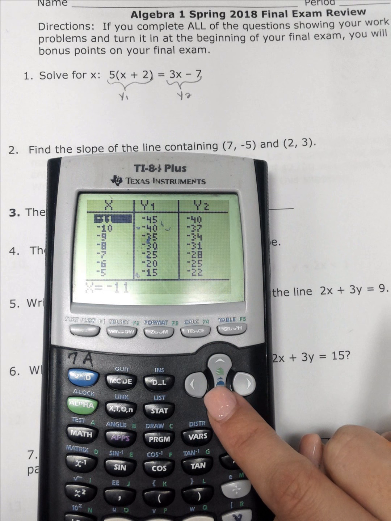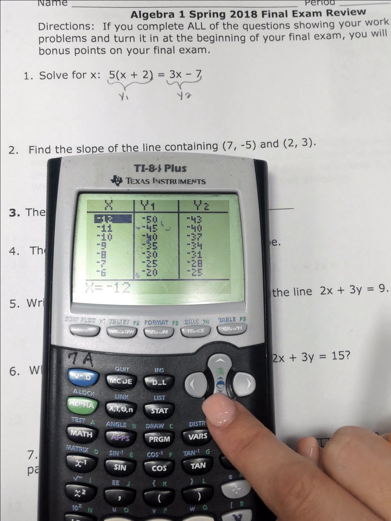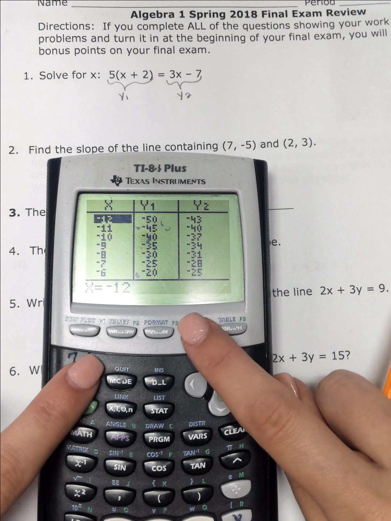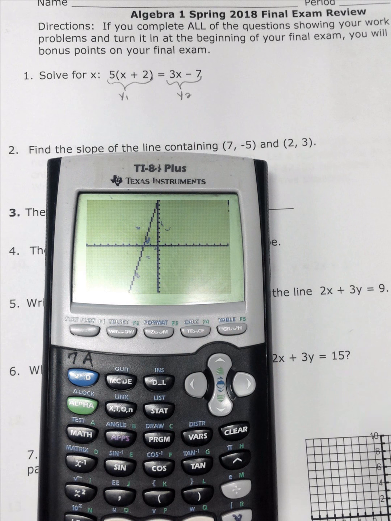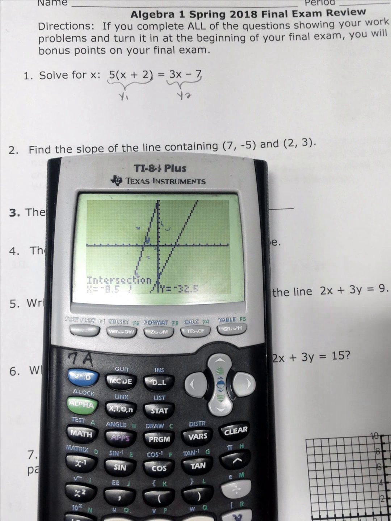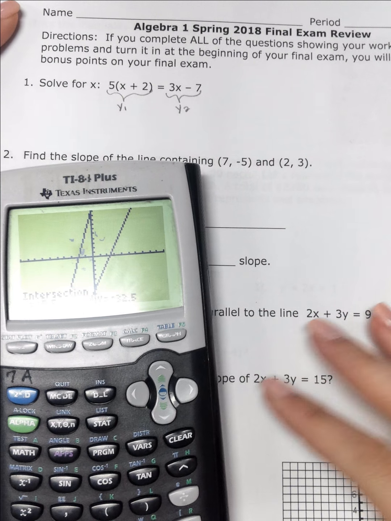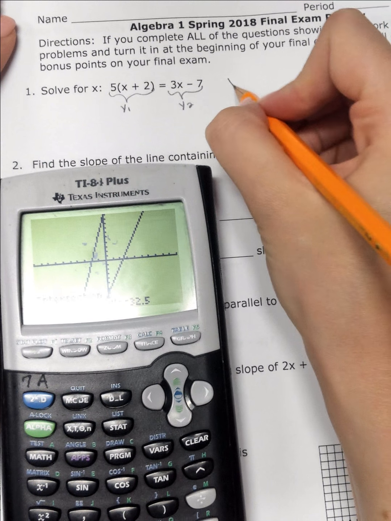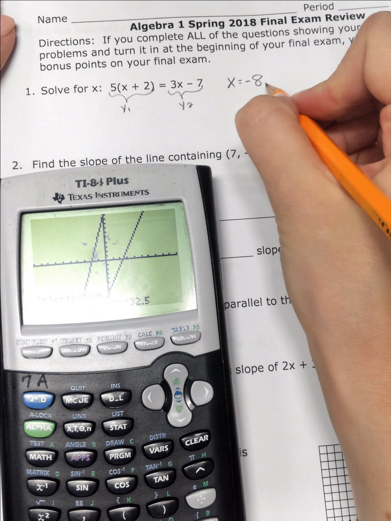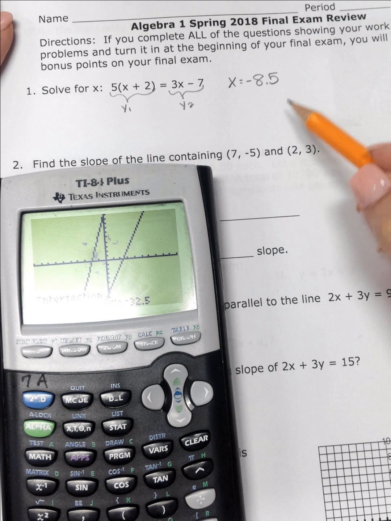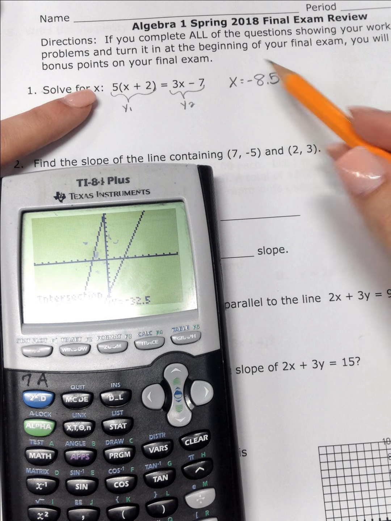Okay, I don't see it on here. So if I do second, trace 5, wait for it. The intersection is at negative 8.5.